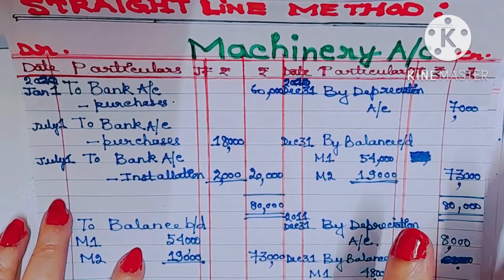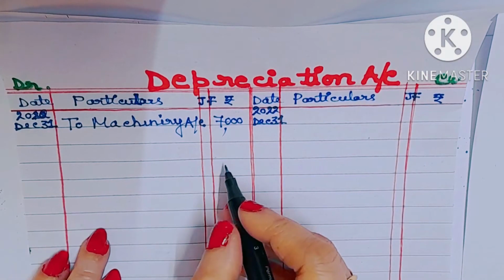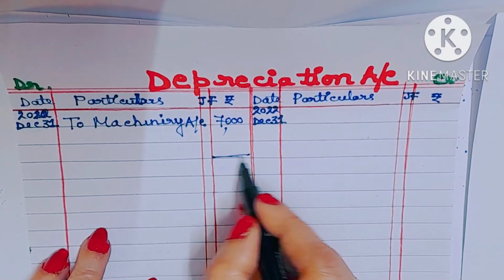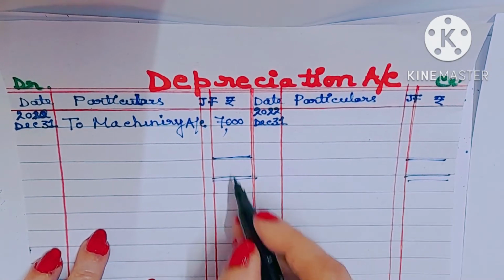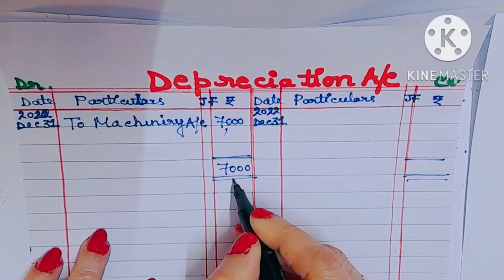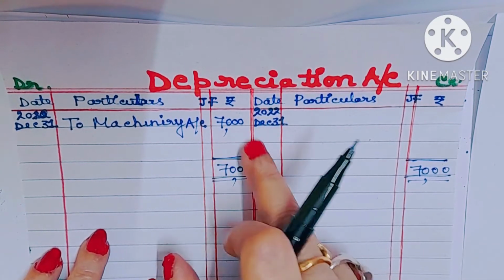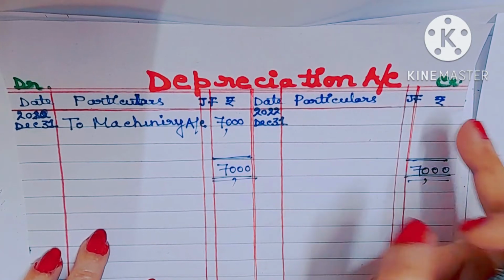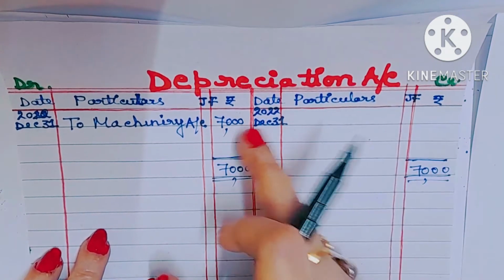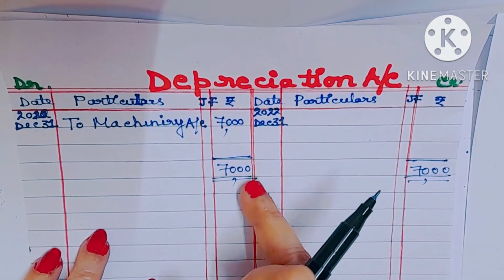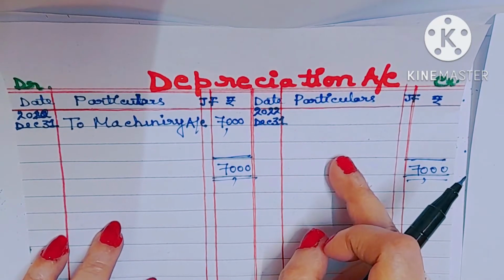Understood? Now we have to close the year. See. Debit side is greater. So we'll write 7,000 on both sides. The total of debit side is 7,000 and the total of credit side 0. So obviously 7,000 minus 0, 7,000. So the debit side is greater, we'll write 7,000 on both sides and the balancing figure will be transferred to profit and loss account.